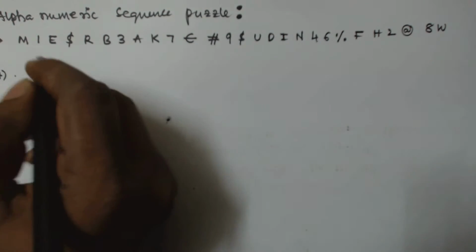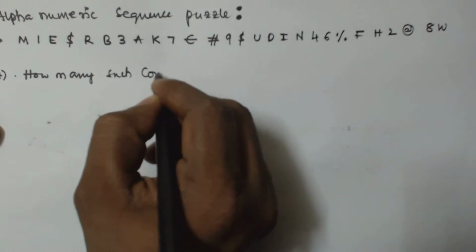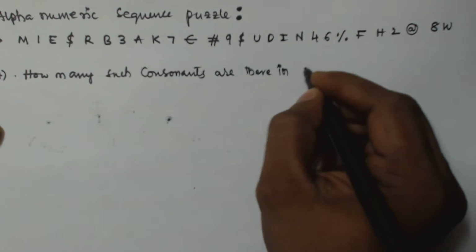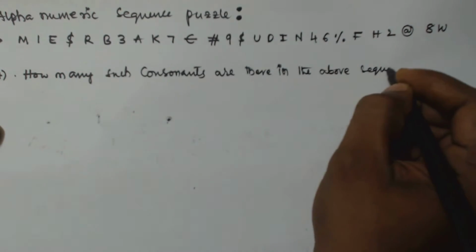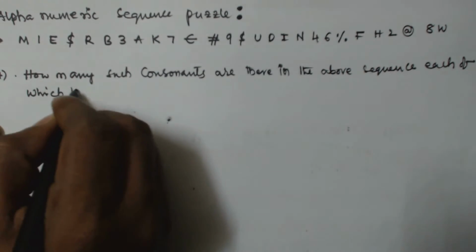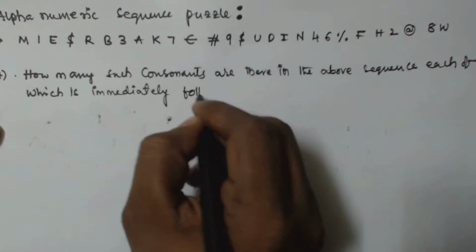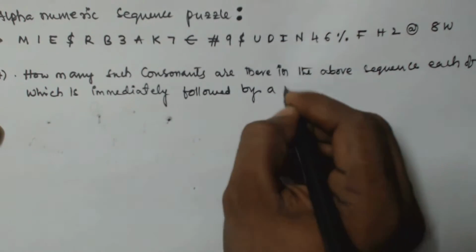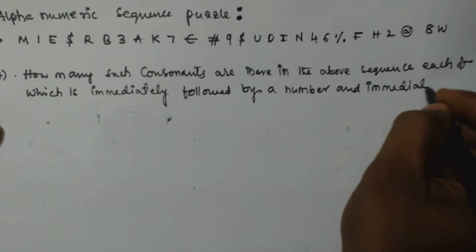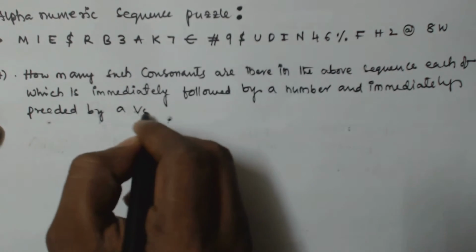And the first problem we have to solve based on this alphanumeric sequence is: how many such consonants are there in the above sequence, each of which is immediately followed by a number and immediately preceded by a vowel.